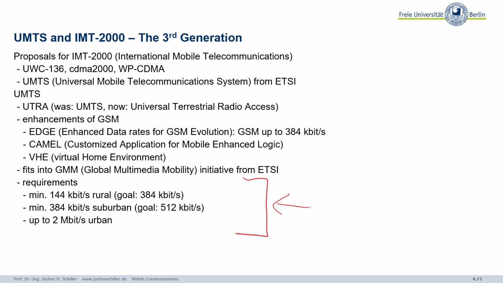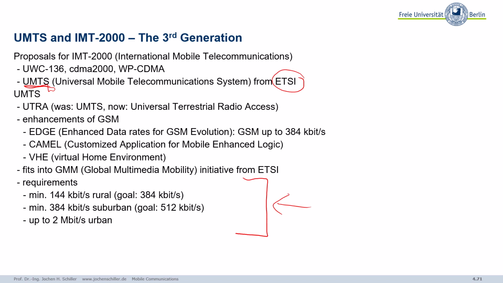So there were different ultra-wideband systems, CDMA 2000, also different other CDMA systems, and ETSI from Europe, the organization that already standardized GSM, came up with UMTS, the so-called Universal Mobile Telecommunications System. And UMTS now serves here in this lecture as an example for a 3G system.